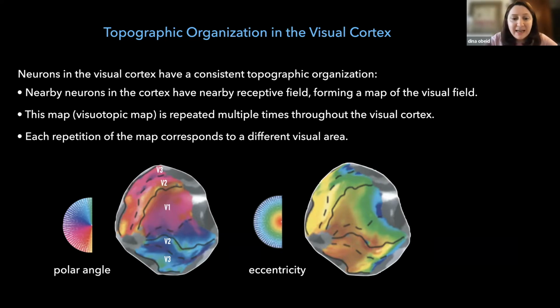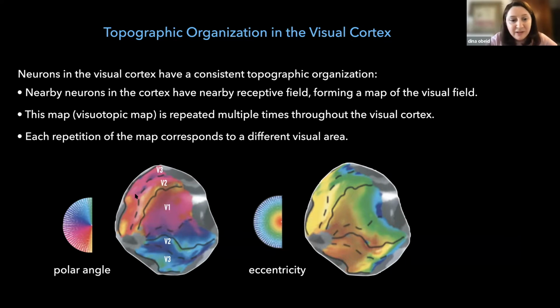So you can see, as I mentioned before, that if you look at the polar angle map, you go from green all the way to yellow, and you have one map going from green to yellow, and this will be V1. Then you see there is another repetition of the map, which is V2. It also represents the whole visual field, but it wraps around V1.